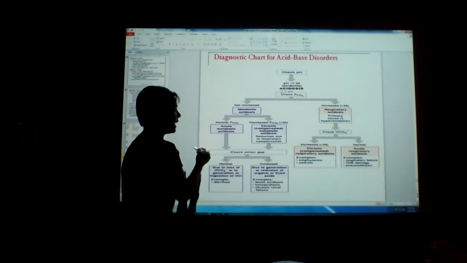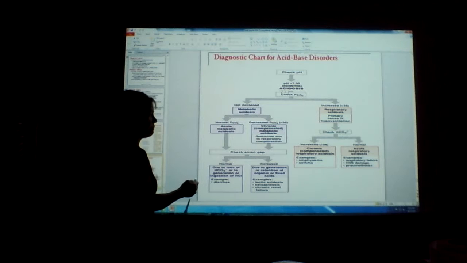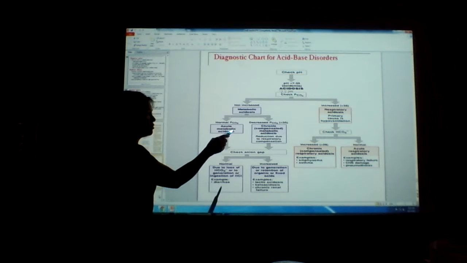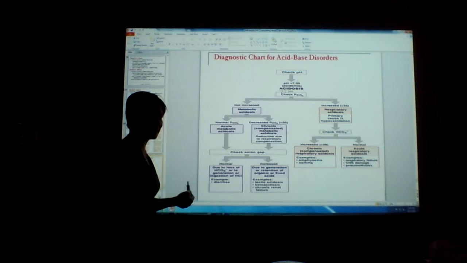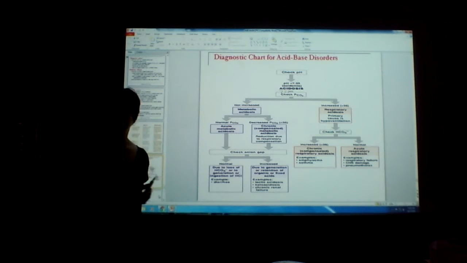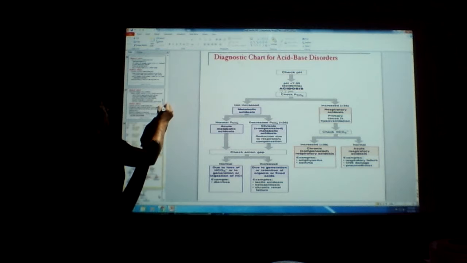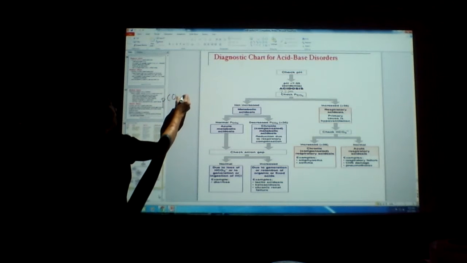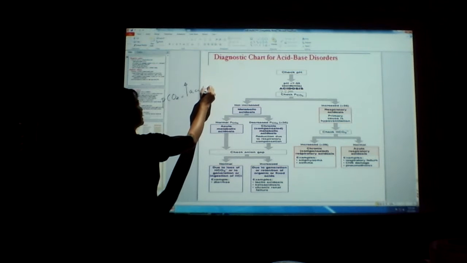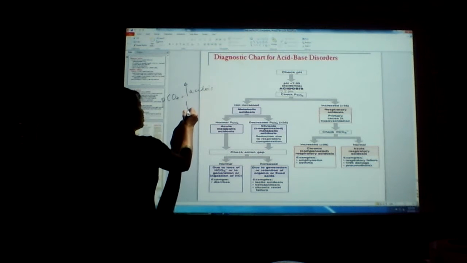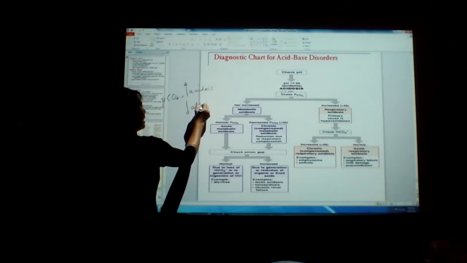Then if the PCO2 is going down, the patient's condition is compensating. You understand? So if the PCO2 is going up, this is acidosis. If the PCO2 is going down, this leads to alkalosis.